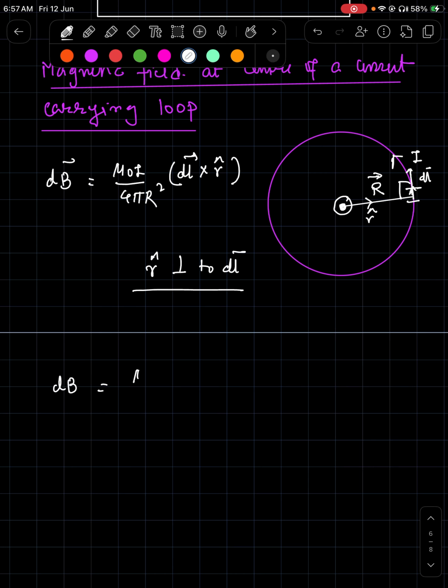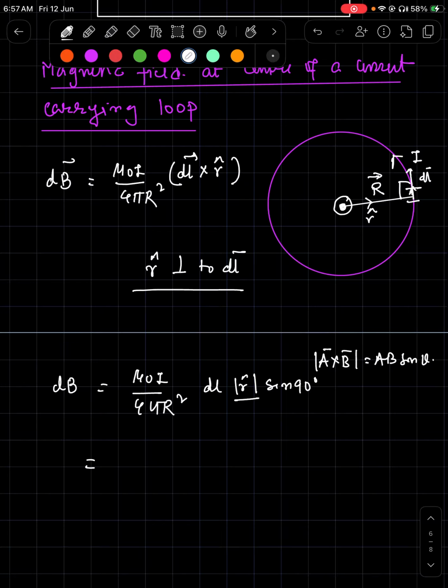So dB is mu I by 4 pi r squared. For a cross product, the magnitude of A cross B is AB sin theta. So here we take dl, r cap, sin 90 degrees, because they are perpendicular to each other. The unit vector has magnitude 1 and sin 90 is 1, so it becomes mu naught I by 4 pi r squared dl.